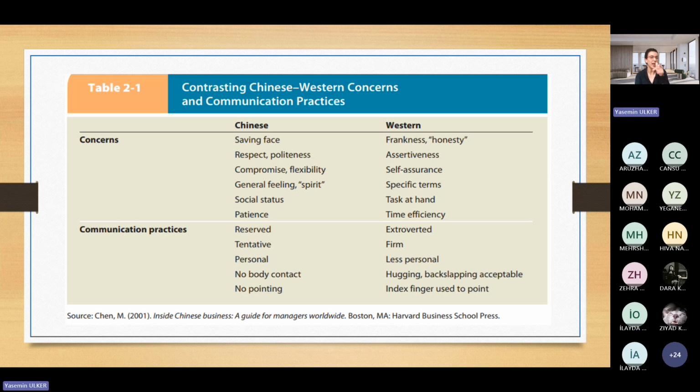Don't express your emotions with your face, I think. Very true, because saving face is mainly related to not showing your shame to the outside, hiding your shame or anger, trying not to show your emotion too much. True. Okay, so Chinese are more saving face.